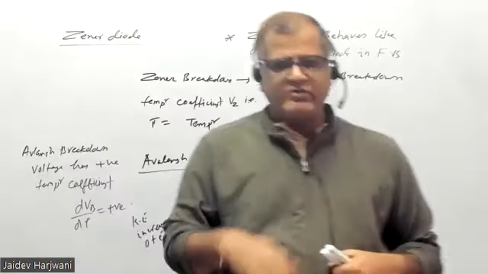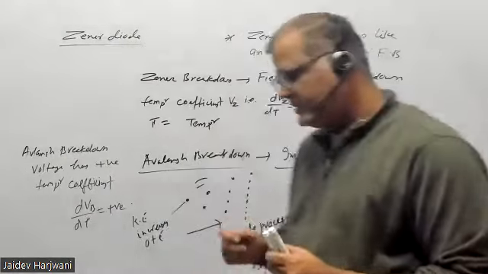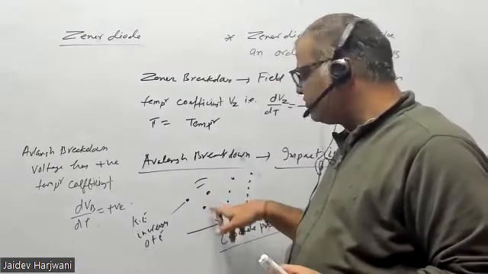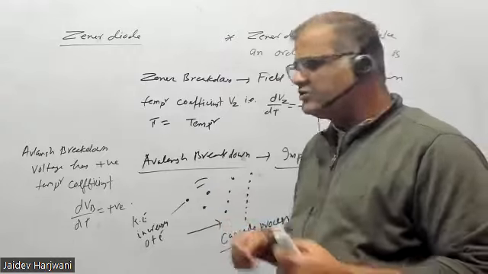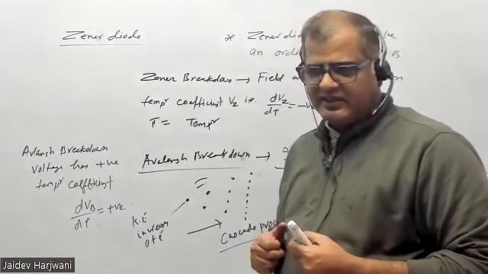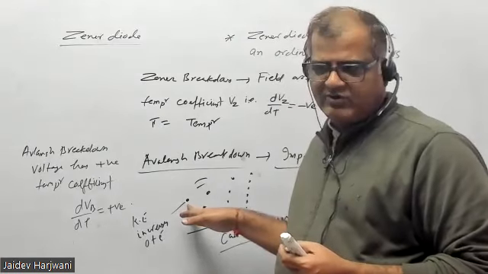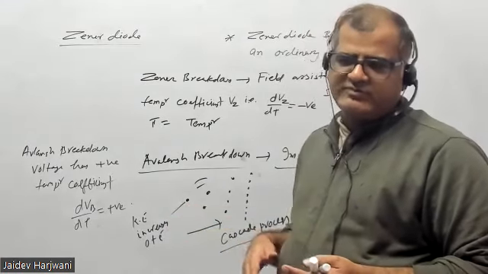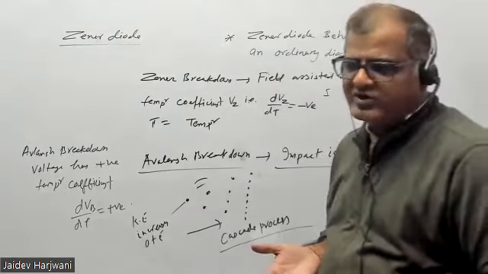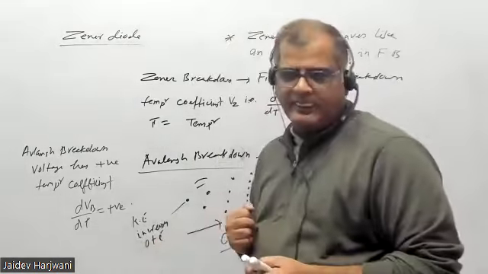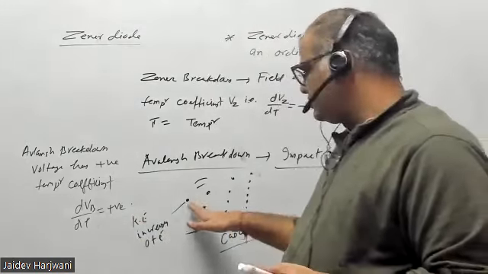So what happens when you apply temperature? The amplitude of the vibration increases, so there will be more collisions for the electron. You are supplying voltage at the junction and giving high energy to the electron, but because of phonon scattering, these electrons are losing energy.